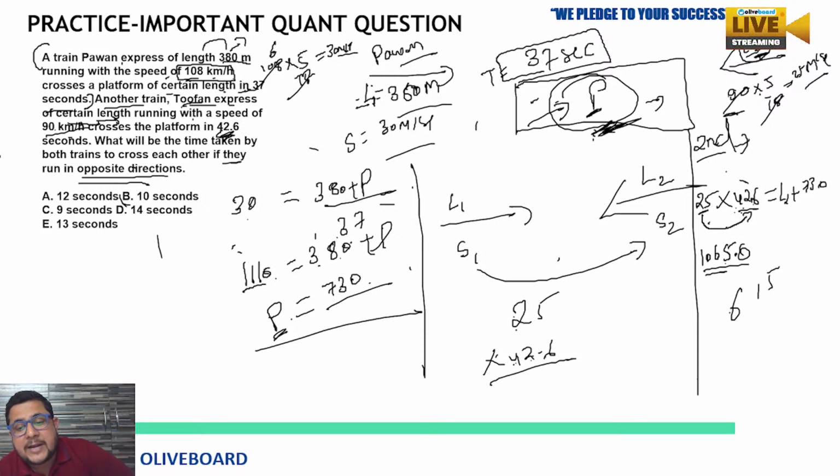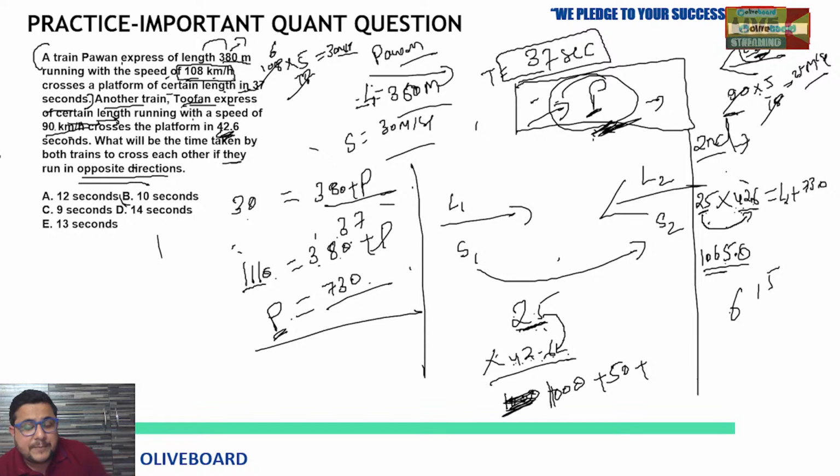First, 40 multiply 25 will give you 1000 only, plus 2 into 25, 50 you will get, plus 0.6 multiply 25. 0.6 multiply 25 means 60% of 25, that is going to be 15. So when you add this, you will get the same value.